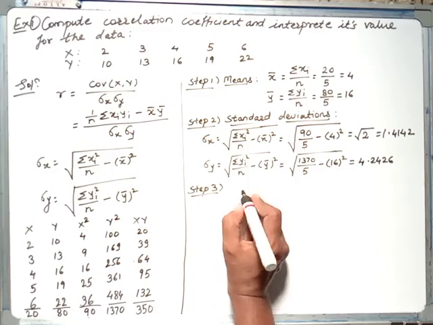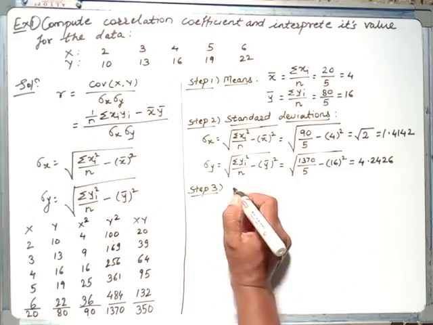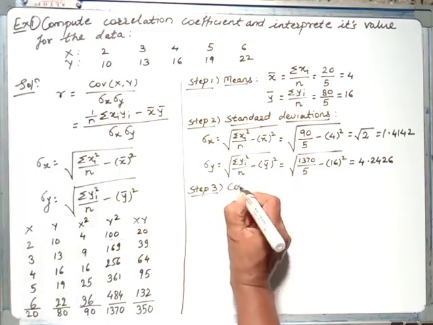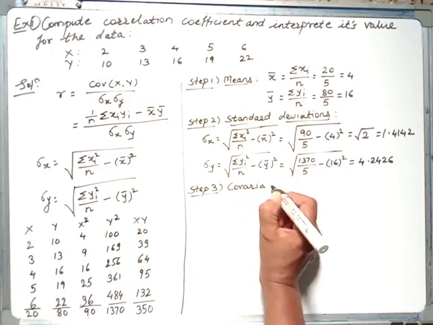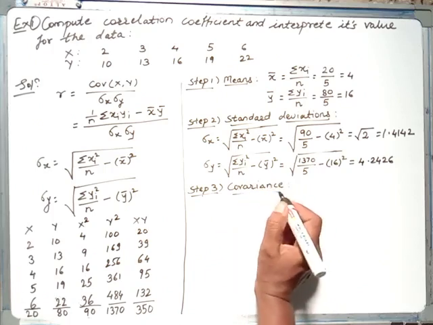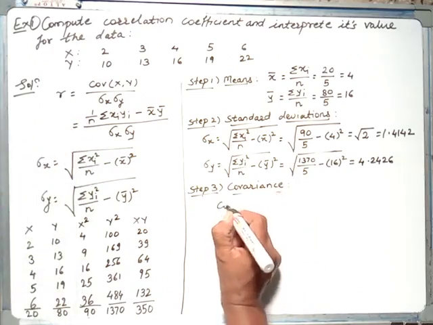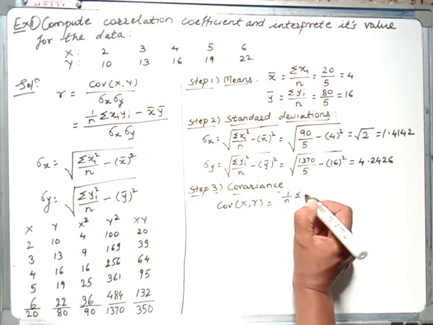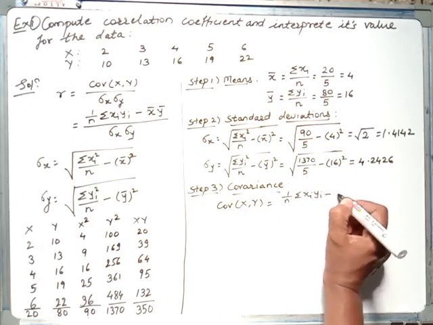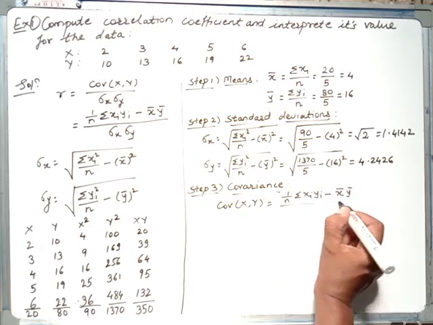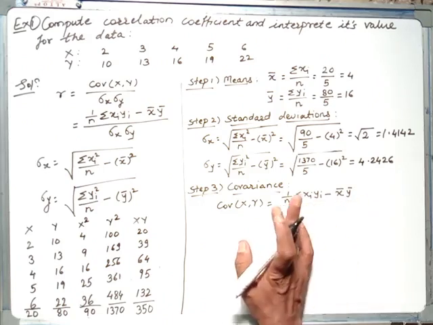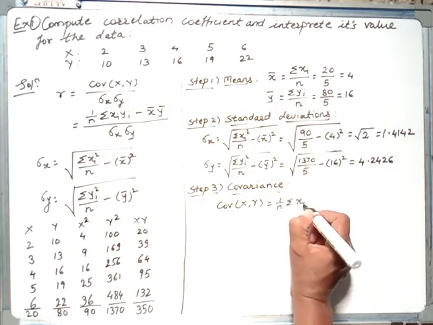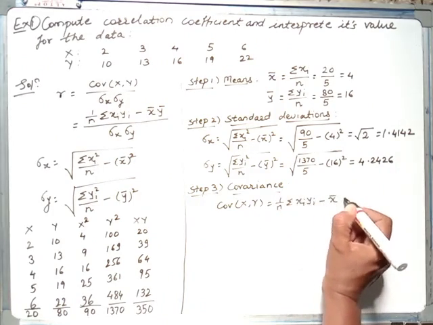Then step 3. We have to calculate the covariance. What is covariance? Covariance between x and y is 1 upon n summation xi yi minus x bar y bar, simply.